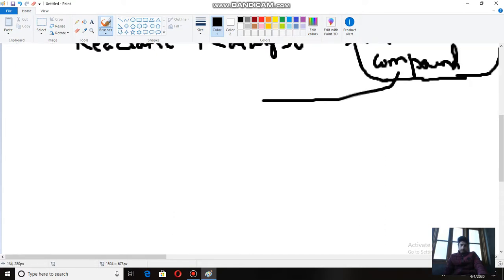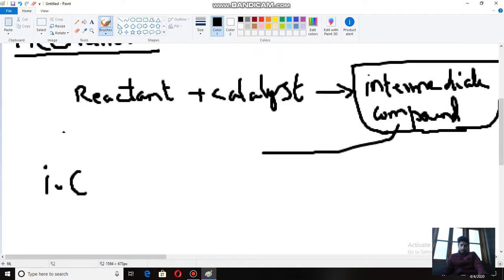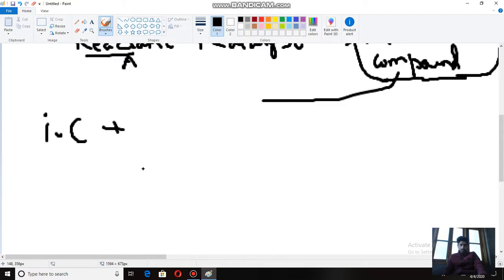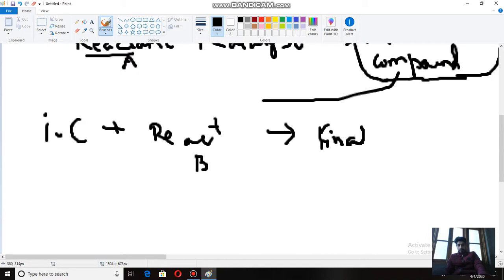This intermediate, IC stands for intermediate compound, reacts with, for example this is A, now it reacts with reactant B and forms the final product, and we get our catalyst back.